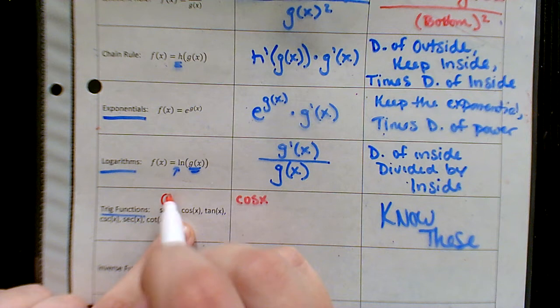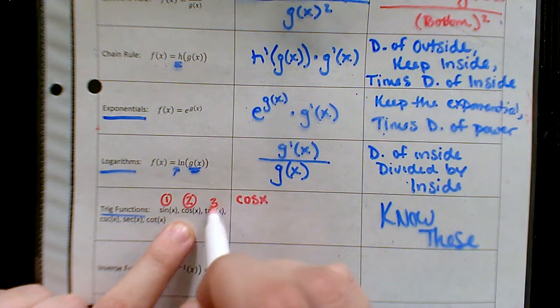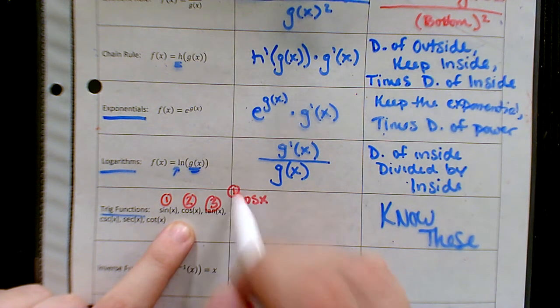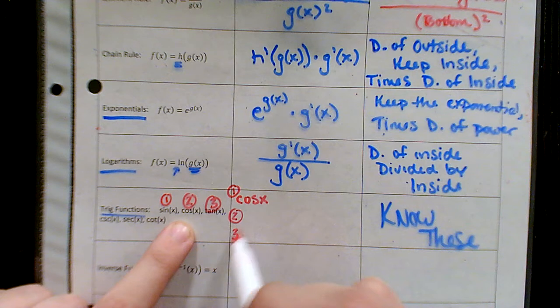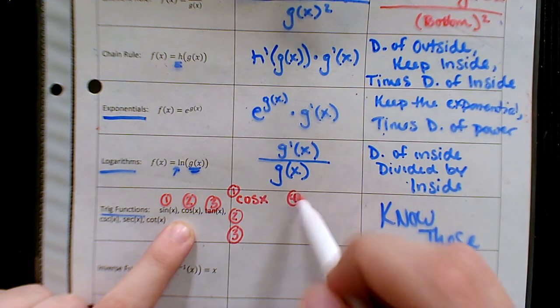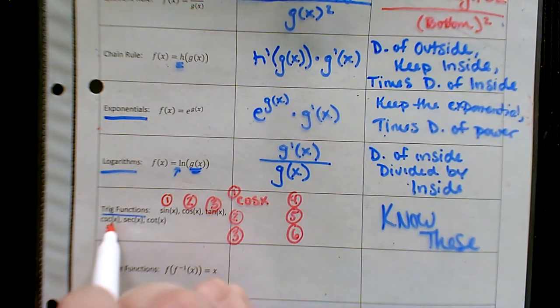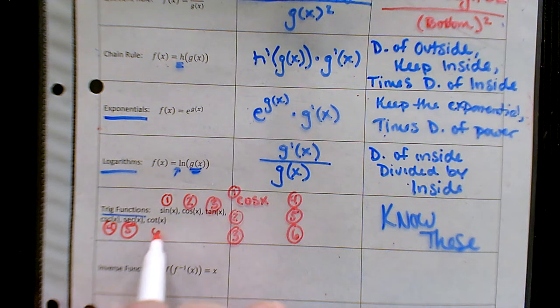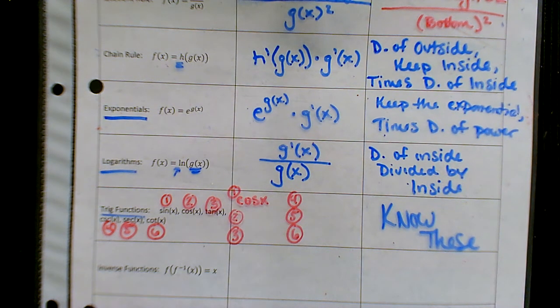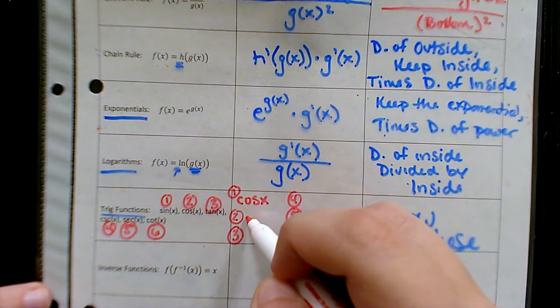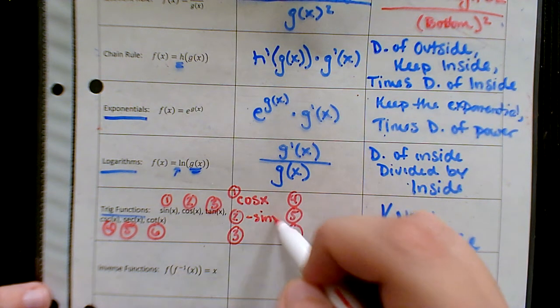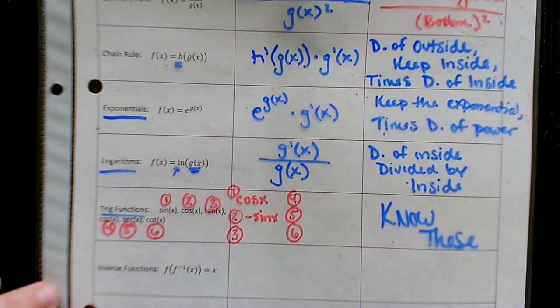Maybe I'll label these 1, 2, 3, so that they're corresponding to something. All right, derivative of sine, cosine, derivative of cosine, yeah. Derivative of cosine is negative sine. Negative sine, all right. Derivative of tangent.